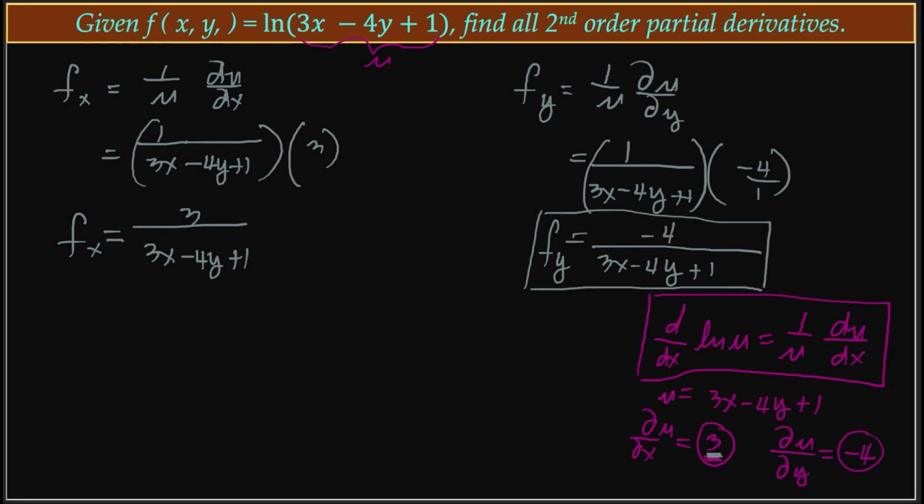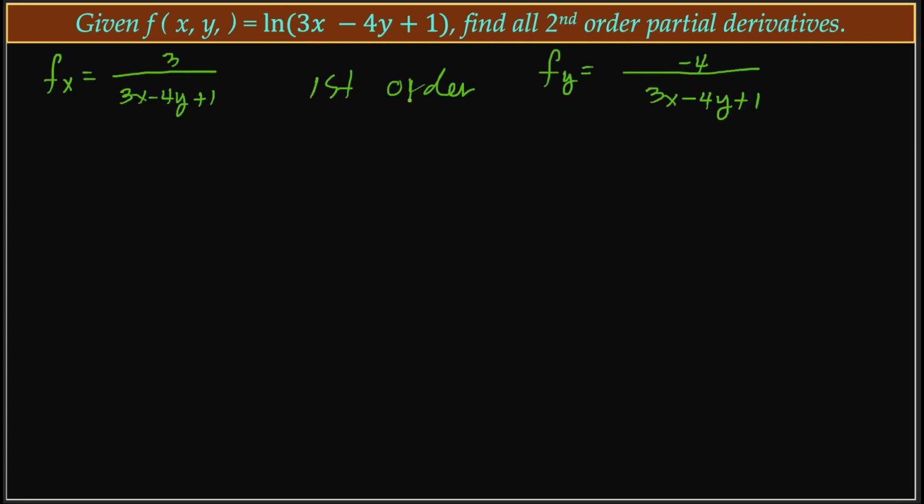These answers here are not yet the answer in the requirement because this is first order only, and the requirement here is second order. In other words, we will get again the partial derivative of this f sub x and then f sub y. The requirement in our given problem, we are required to find the second order.